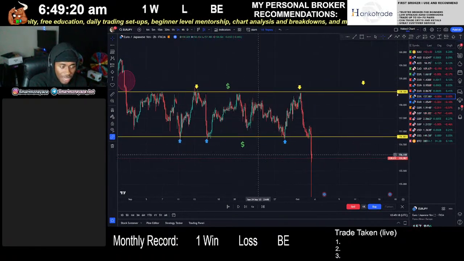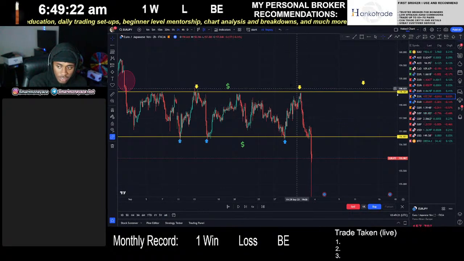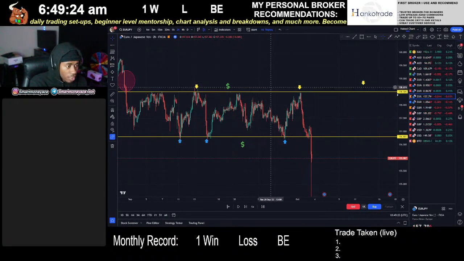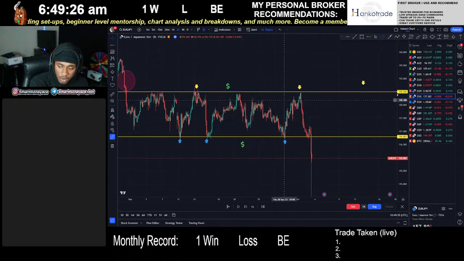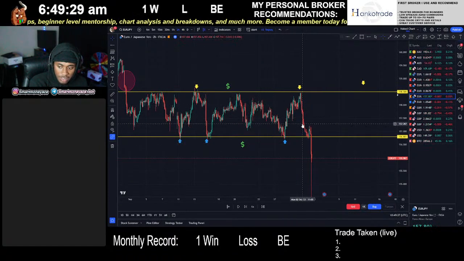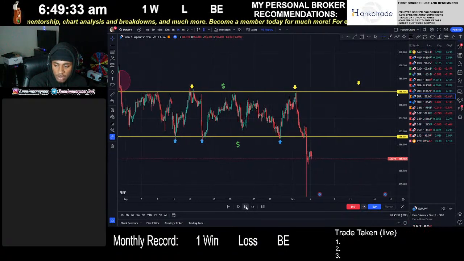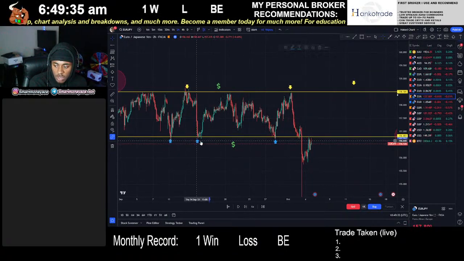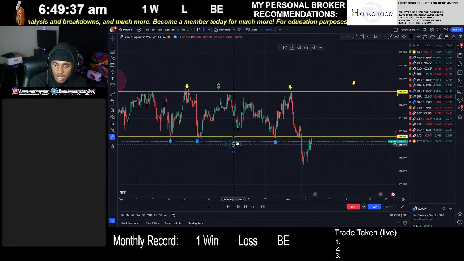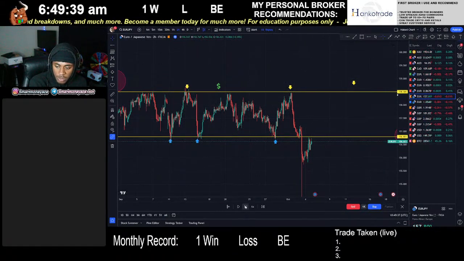So because all that got taken out and there's still liquidity floating to the upside, I'm anticipating price to move towards the upside since we already got that move towards the downside. So if I continue, all this stuff is no longer valid. So we can go ahead and delete this money sign because all those orders got grabbed.